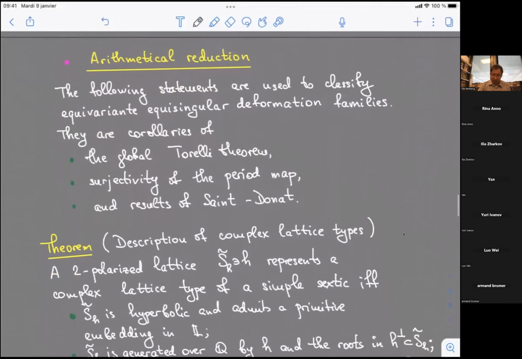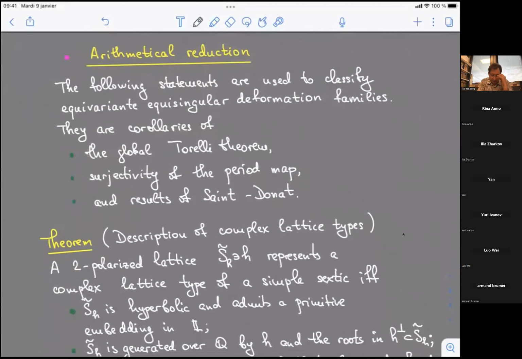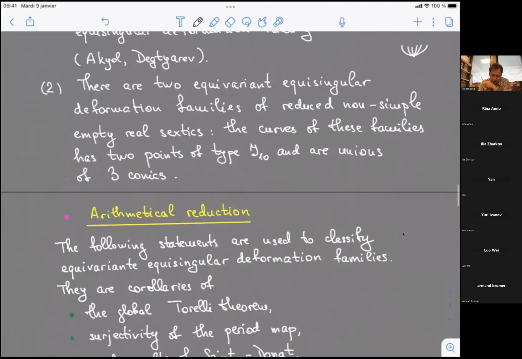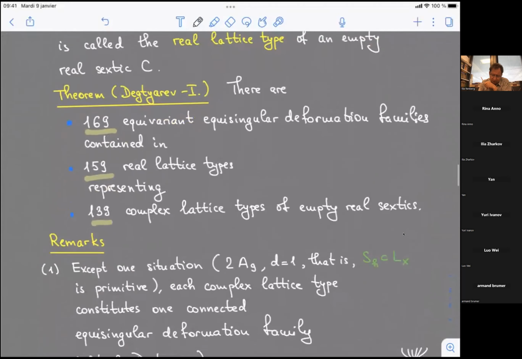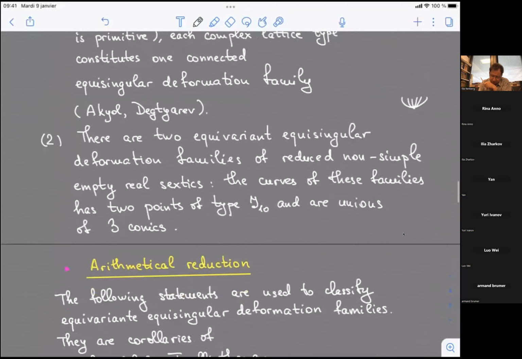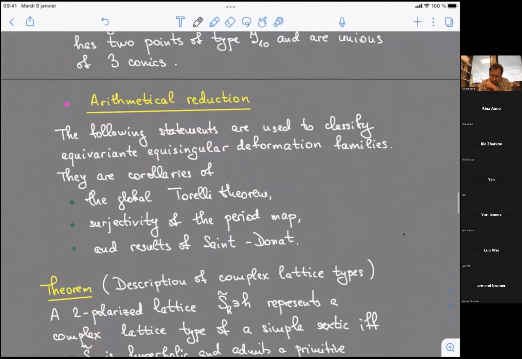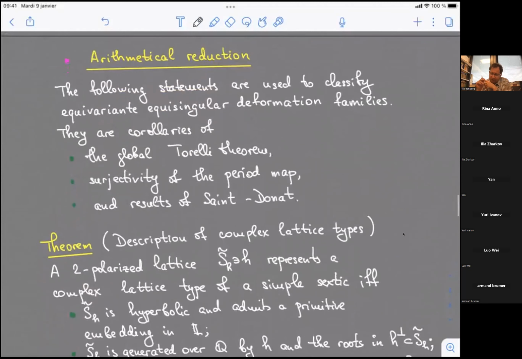So now let me indicate some ideas of the proof of this theorem. How one can get such an equivariant equisingular deformation classification of empty sextics.